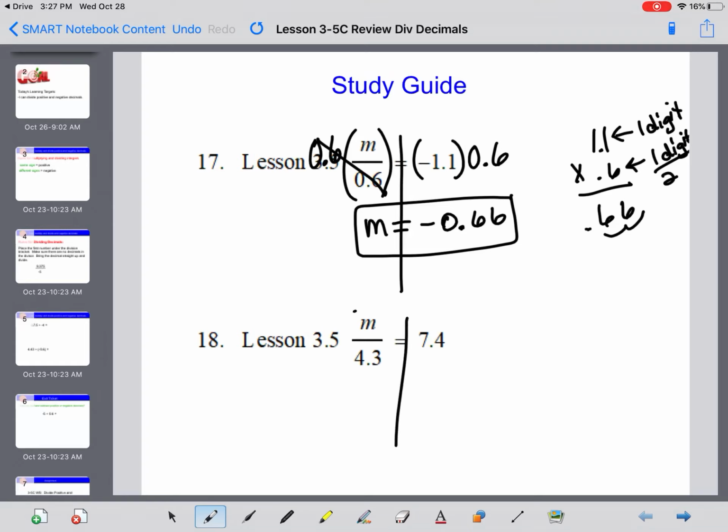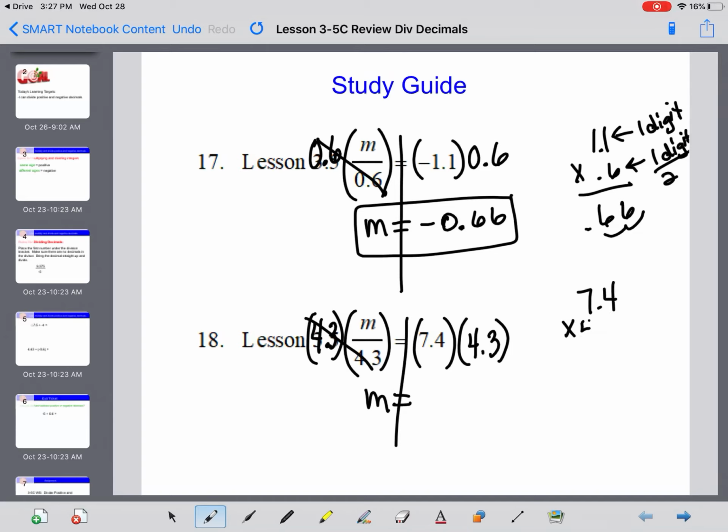The next one, m divided by 4 3/10. The answer can be found by using the inverse of division, which is to multiply both sides by 4 3/10. Seven 4/10 times 4 3/10 can be solved by doing a side problem.